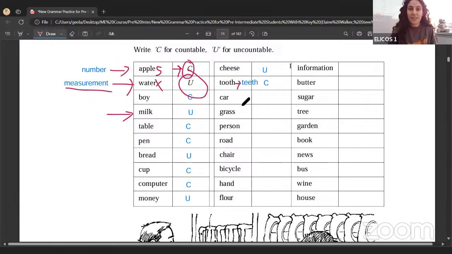Okay, some words, they have a different word when you want more than one. So you have 1 tooth, or you have 2 teeth, 3 teeth, 4 teeth. Car. Countable. Grass. Uncountable. Person. Countable. Yep.